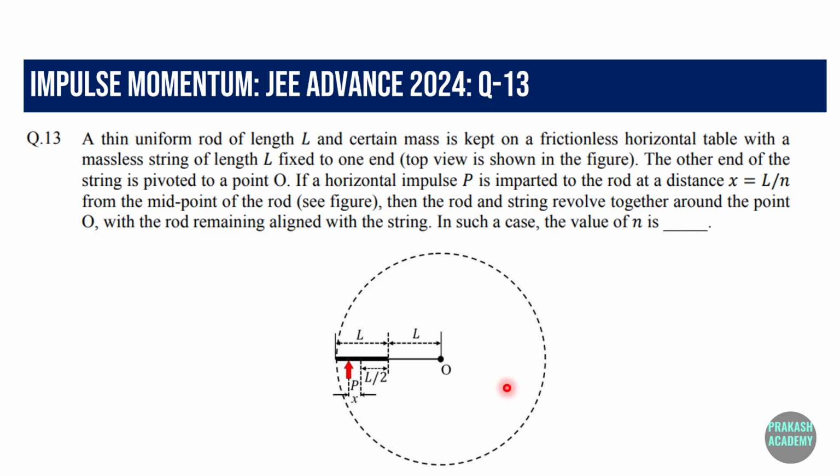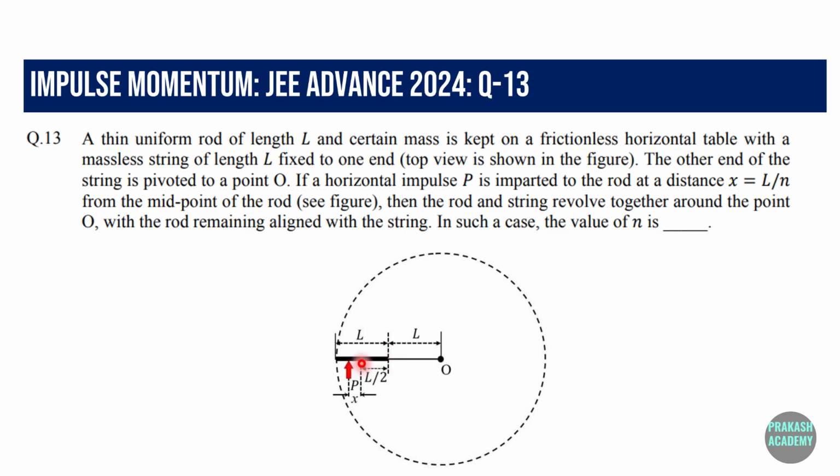Now how will you solve this problem? If there was no string in this case, and if you apply an impulse, what will happen? This system will move, because you have applied an impulse, so it will change the momentum of this rod.